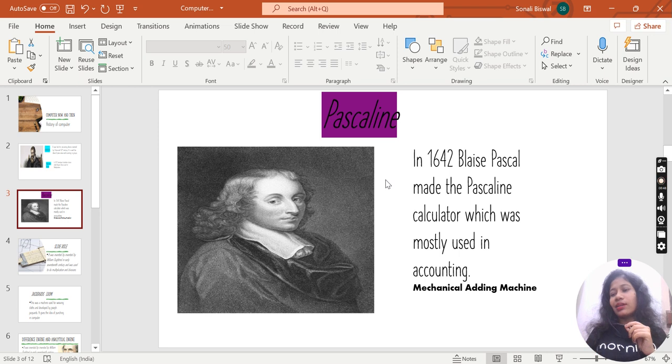Many scientists were trying to develop a device, a machine that would make human beings' lives simple. So Blaise Pascal developed the Pascaline in 1642. This computer was mostly used for accounting.